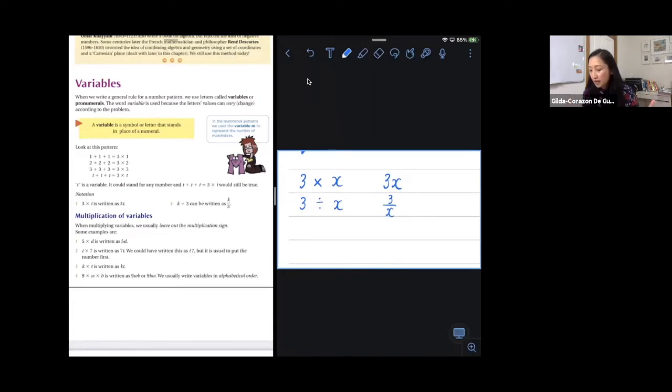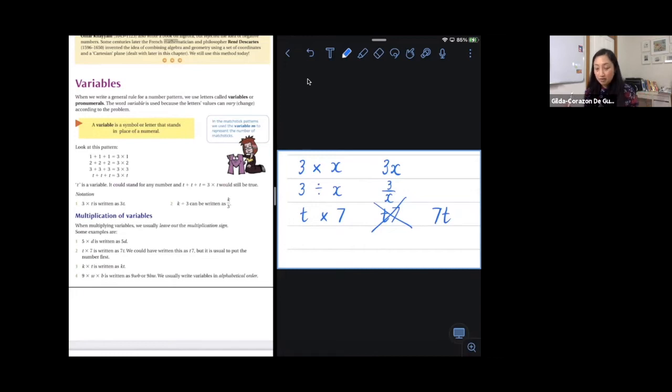When you're multiplying, for example, T by 7, then you don't write T7, right? That's an X. It should be numbers first and then the letters. You can't write it as T7 because when we have T times T times T, with T used as a factor 7 times, then that would be T to the power of 7, right?